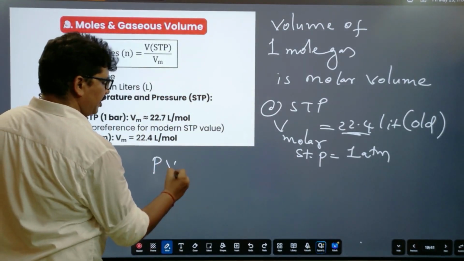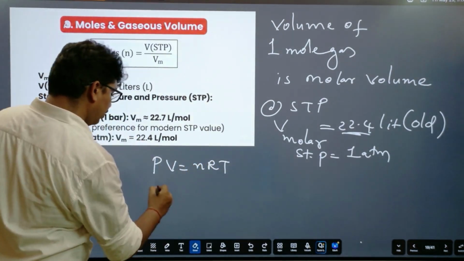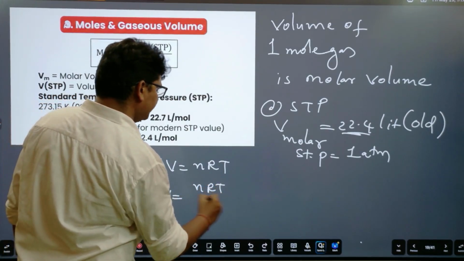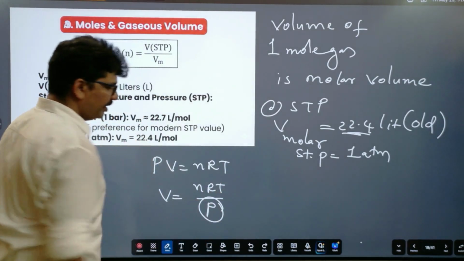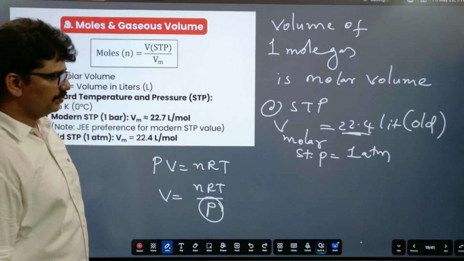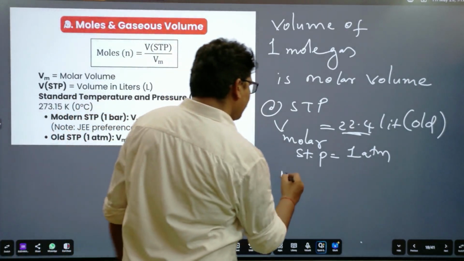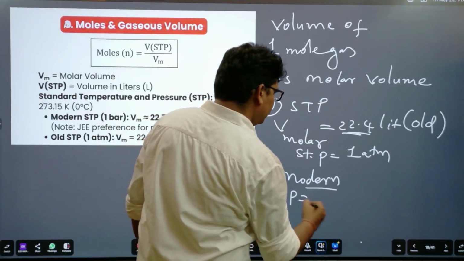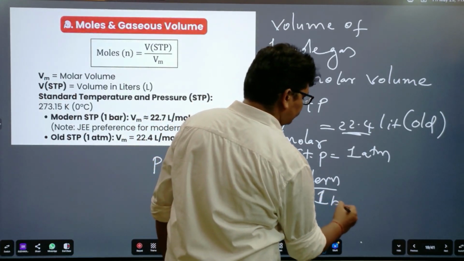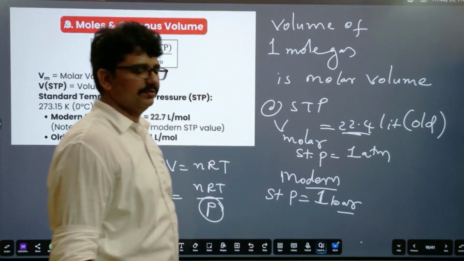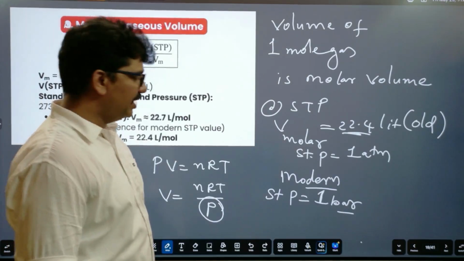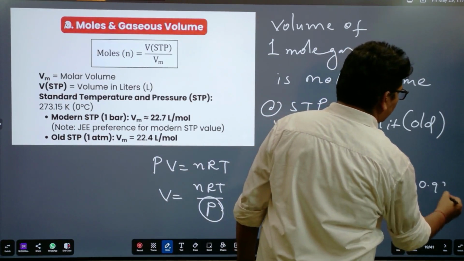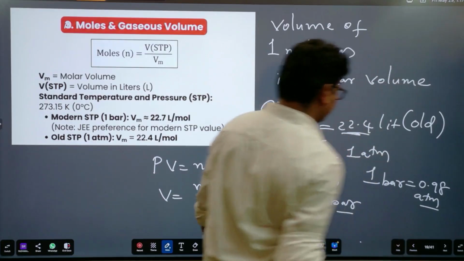So, ideal gas equation PV is equal to nRT. I want volume. Volume V is equal to nRT by P. And this pressure is 1 atm at standard conditions. But the modern value of standard pressure is 1 bar. 1 atmosphere and 1 bar are approximately the same, but 1 bar is equal to 0.98 atmospheres.